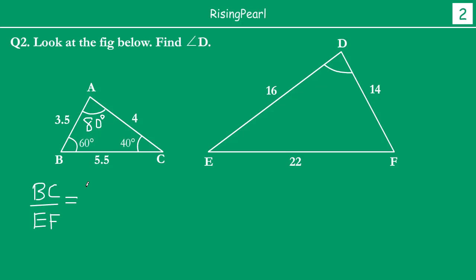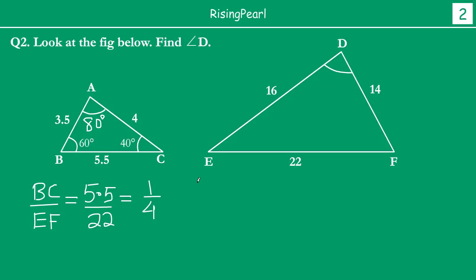BC is 5.5 and EF is 22. So this is 1 by 4 times, right? So the longer side is 4 times. So if you look at AC and DE, this is 4 times, right?